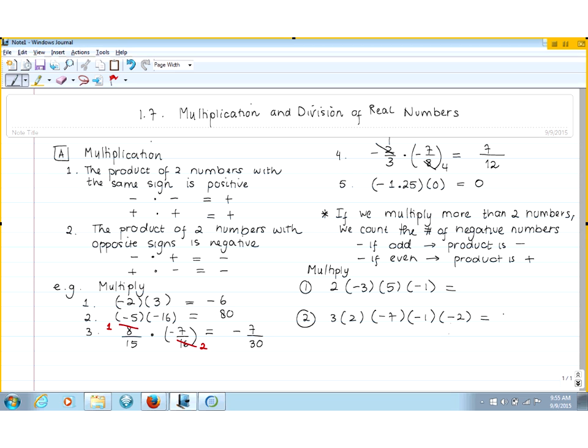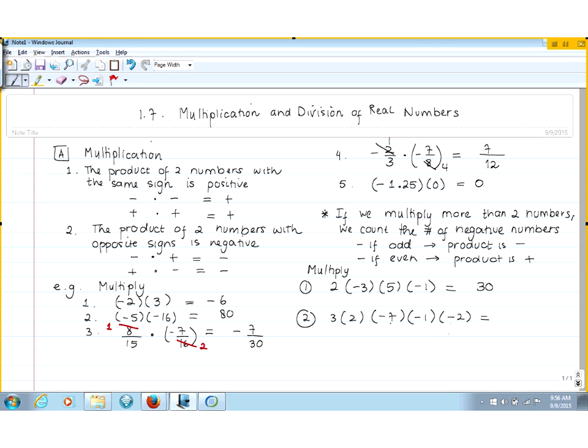Okay. So, what's my answer for number 1? So 2 times 3 times 5 times 1, what's that? 30. Positive or negative? Positive. So it's even. You have 2 negative numbers. Good.